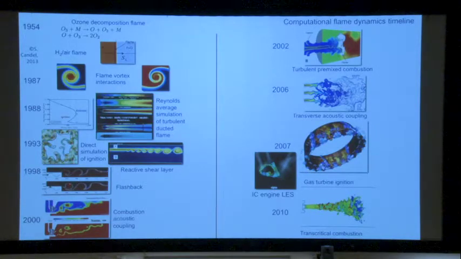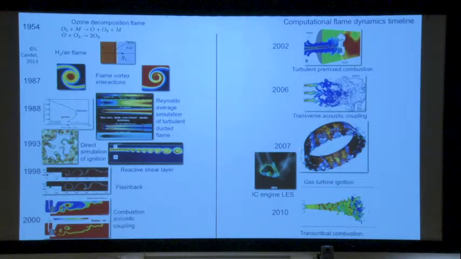This is done now with LES, studying flashback, and these are some calculations of gas turbine combustion using LES. These were done in 3 dimensions, around those years, with a real injector. And these are multiple jets now. And this is the ignition of a full combustor.